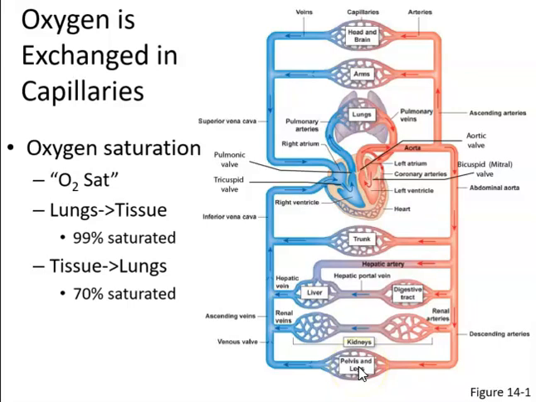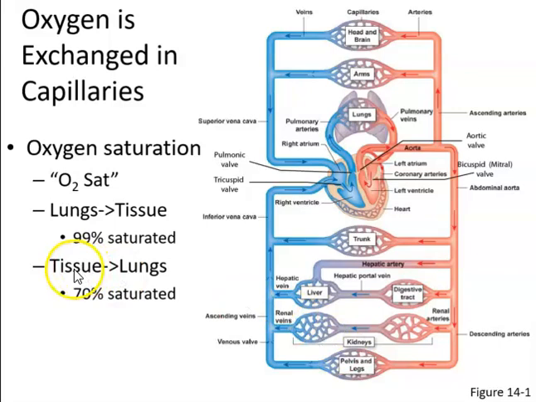So when blood leaves the lungs to go to the tissue, it is 99% saturated. However, once we have gas exchange within the capillary networks, the blood becomes less saturated. We like to say deoxygenated, though it still does contain some oxygen.